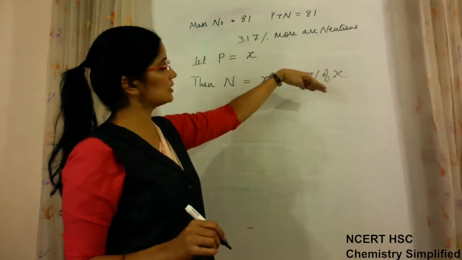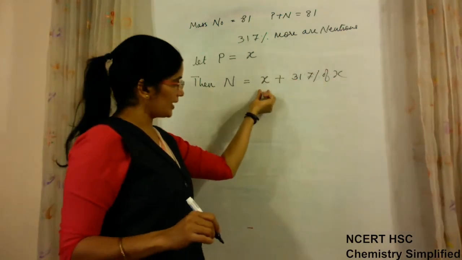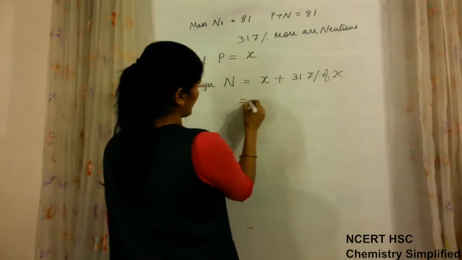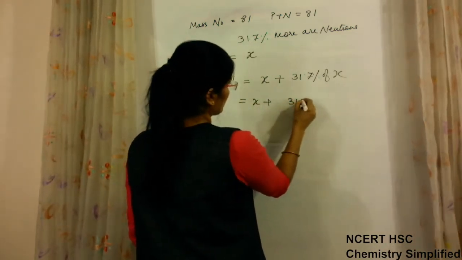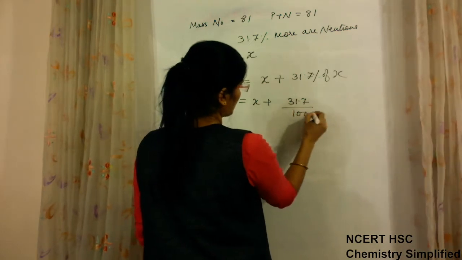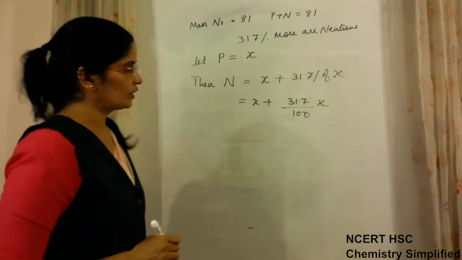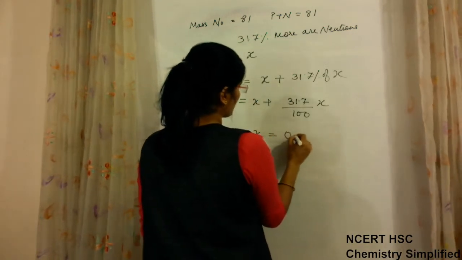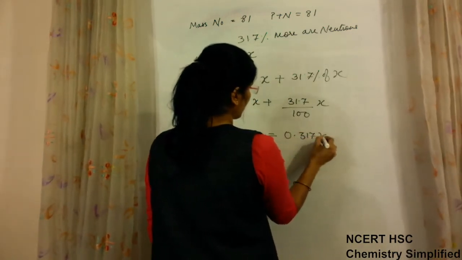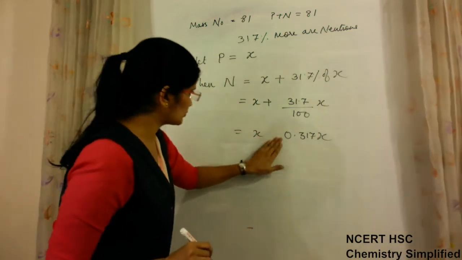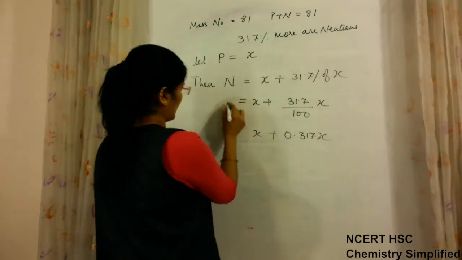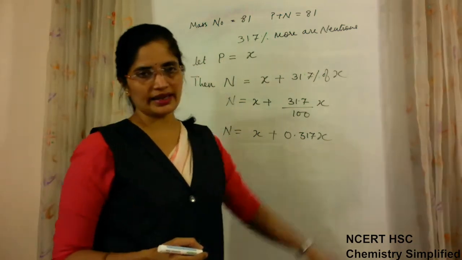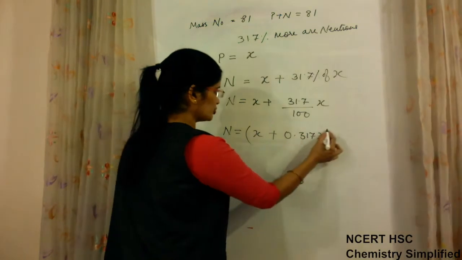It will be X plus 31.7 upon 100 of X, of X means multiplied by X. So N is equal to X plus 0.317x. This is the value of neutrons.